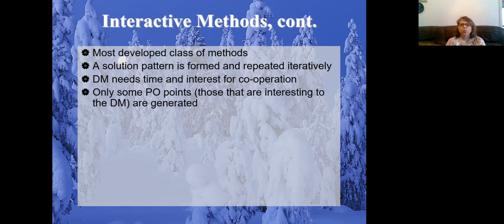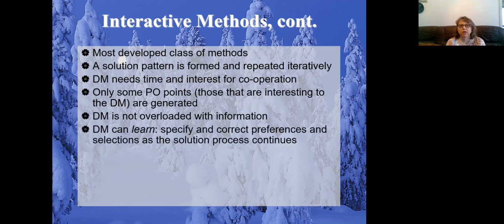But in that way, we only generate those kinds of solutions that are of interest to the decision maker, so we don't waste computational resources on other kinds of solutions. And because we keep the amount of information limited per iteration, the idea is that we don't overload the decision maker with too much information at a time.